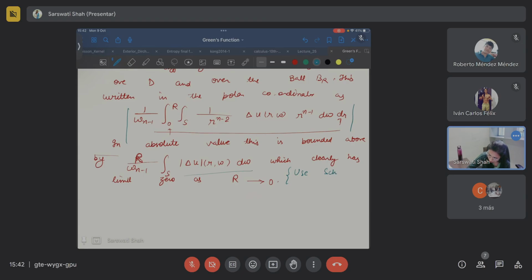Use the Schwarz inequality with this quantity.